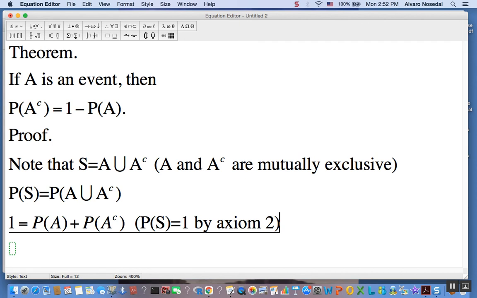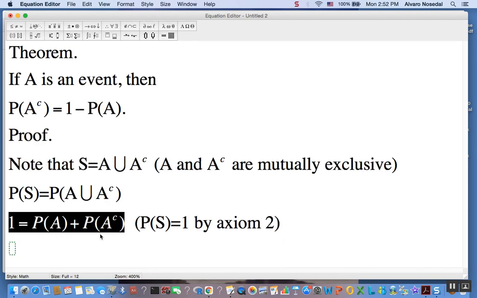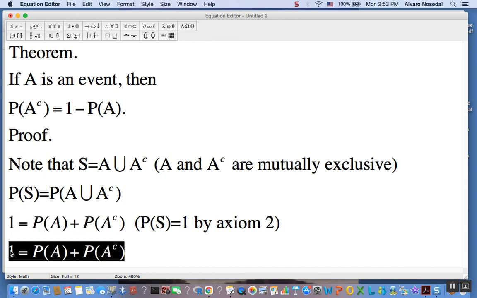Okay. So now, what we want is to find an expression for the probability of A complement. So next step, just solve for the probability of A complement and we're done, right? So if we do that, if we solve for the probability of A complement, we would have this, right?